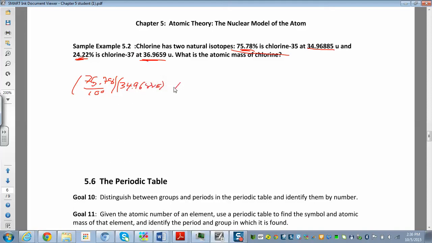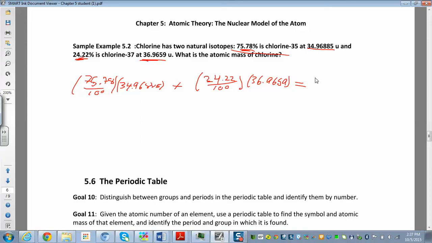And I'm going to add that to the rest of this. This is 24.22 divided by 100 times 36.9659. So you can work that out in your calculator. This is going to be my weighted average of all the isotopes.